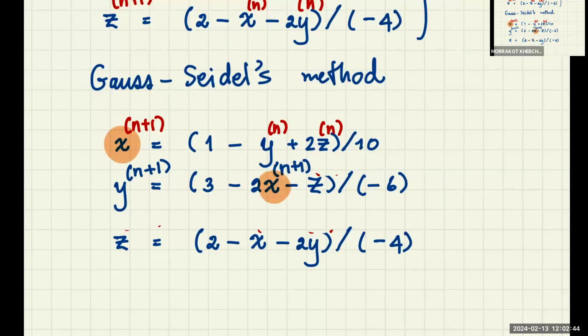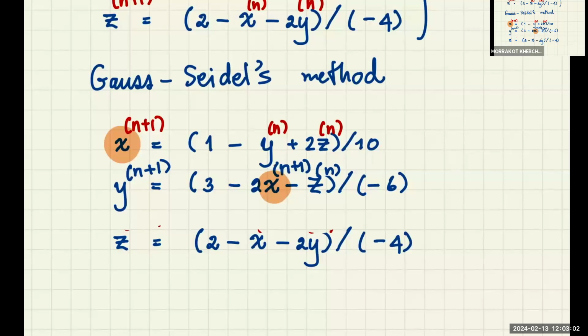You plug it in right away. How about z? For z, you still don't have the new one, so you use the old one. Does it make sense? Because you get the new values, you use them.